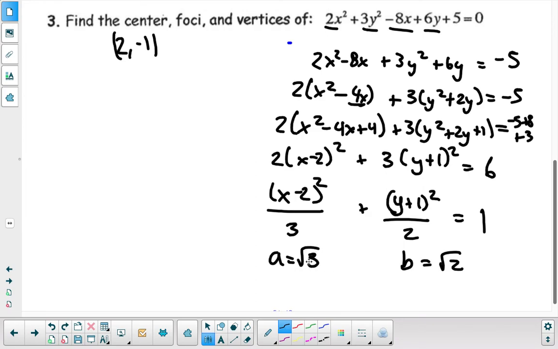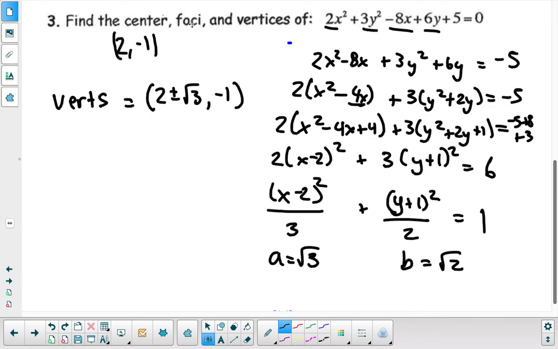So our vertices are root 3 away from 2, negative 1 horizontally. It's stretched horizontally, so you need to move left and right from the center. So our vertices, I'm going to cheat, but I'm going to say 2 plus or minus root 3, comma, negative 1. Ideally, you're going to write that separately, but it's just writing 2 different coordinates out.